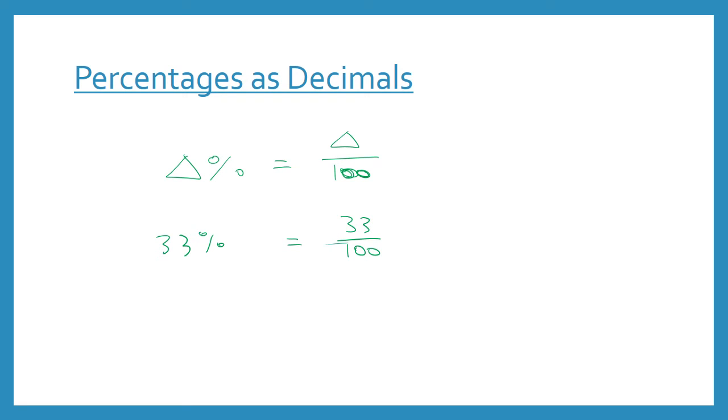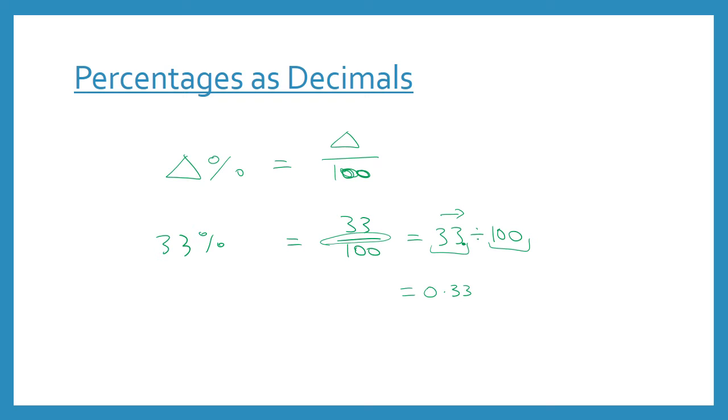Now remember, this sign here, the vinculum, just means divide 33 by 100. Now, you might remember how to do this. 33 divided by 100. All we're going to do is we have this little decimal point here, and we're going to move the numbers 2 places that way. So we're going to end up with 0.33.